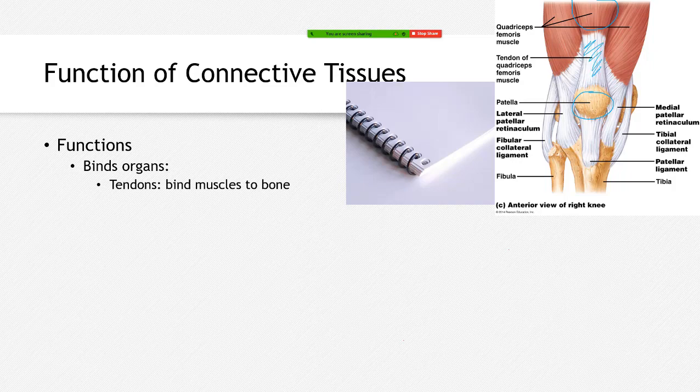Here's a tendon, here's another tendon, and another tendon. They connect muscles to bone. Another structure connects bone to bone, and it's called a ligament. This ligament joins this bone to this bone over here. We're going to learn about tendons and ligaments in the next unit.